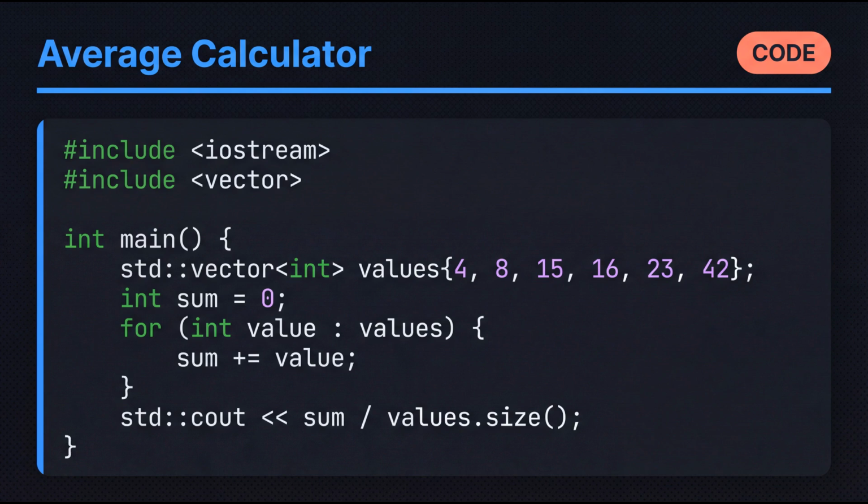Finally, we print the average, sum divided by values.size(). values.size() returns the number of elements as an unsigned integer. This is a pattern you'll use constantly. Create a collection, accumulate a result by iterating, then produce output. Clean, readable, and idiomatic C++.